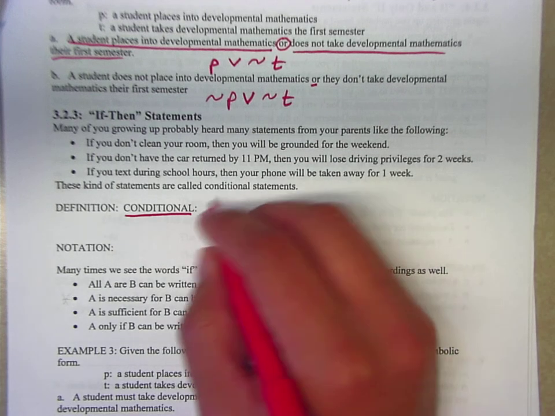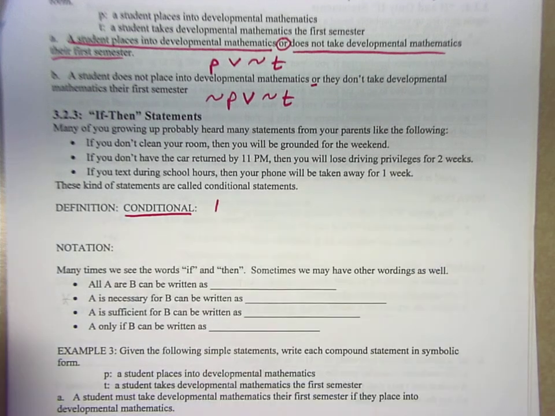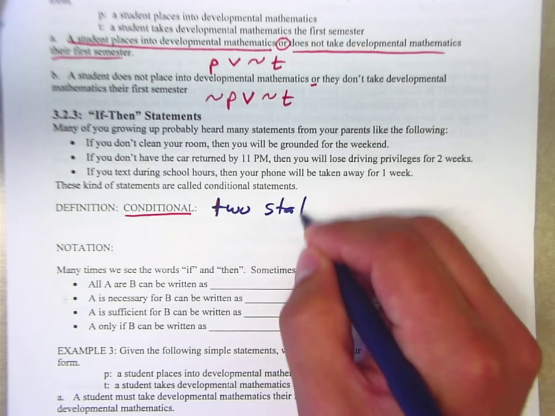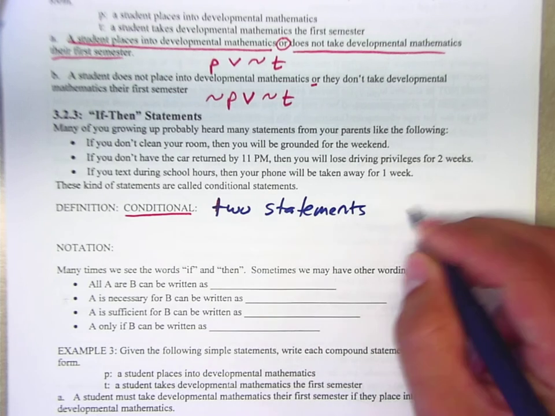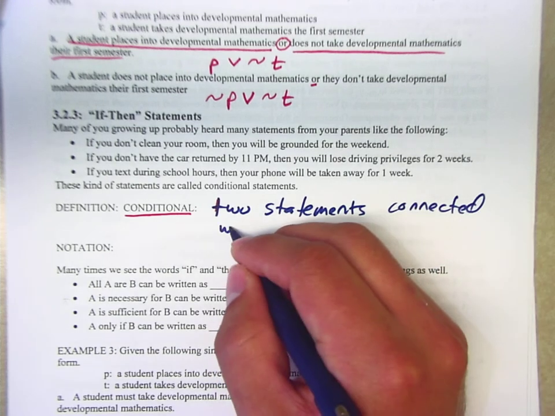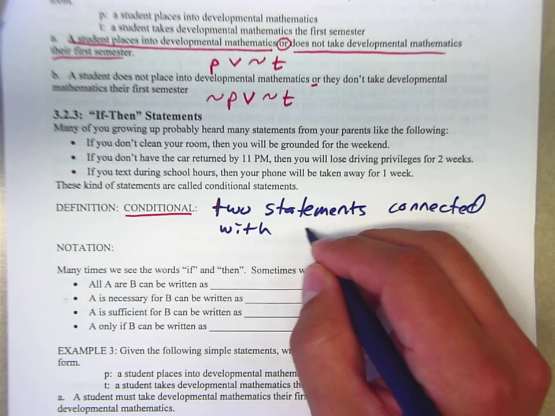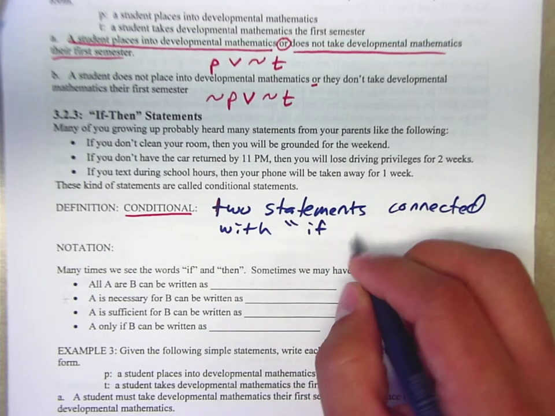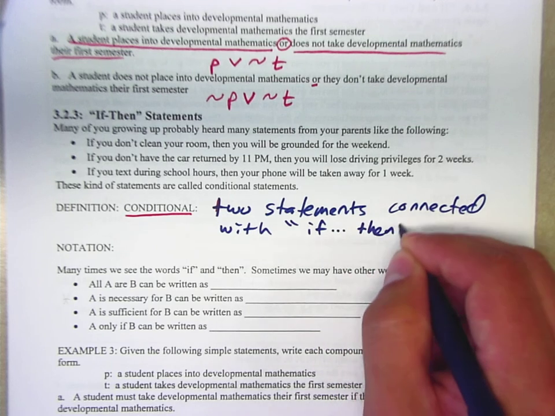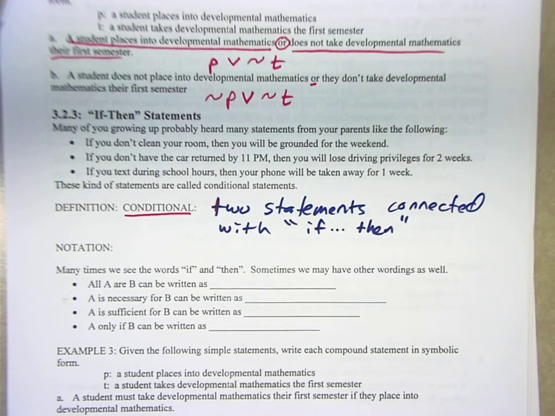And so the definition is 2 statements connected with the words if, and then you've got usually something else, and then you'll see a then in there as well.